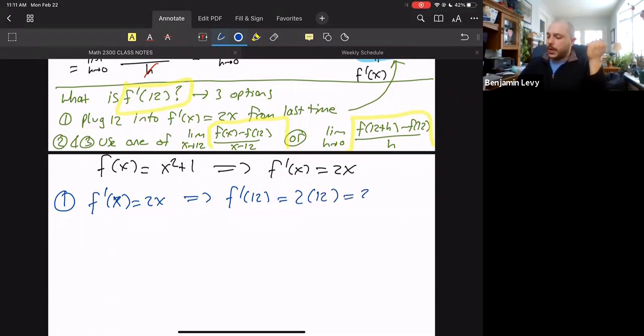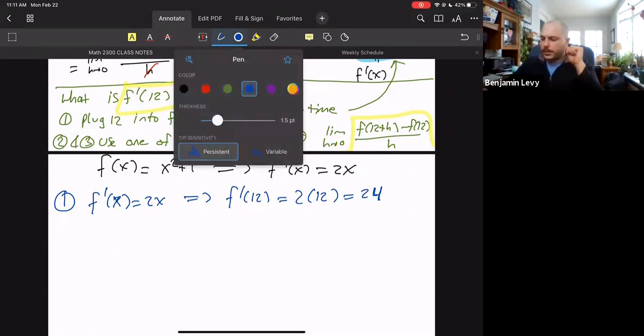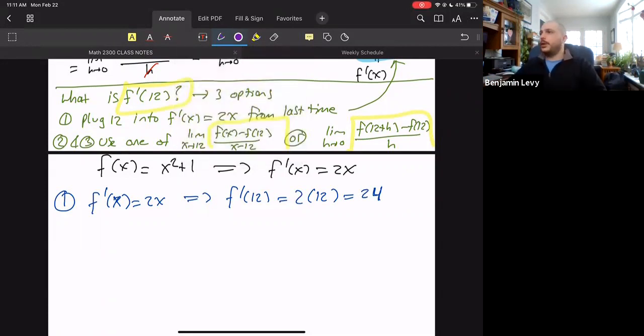Right, so you can see why having the derivative as a function is nice, because we don't have to do any limits. We just do the limit one time, then we have a function, and then we can plug any number into that function. That's much easier than doing a limit at every single point where we want the derivative, right? That's one of the things I'm trying to get across here. Is that first one okay? People see what I'm saying there about just plugging the number in to get the value of the derivative?